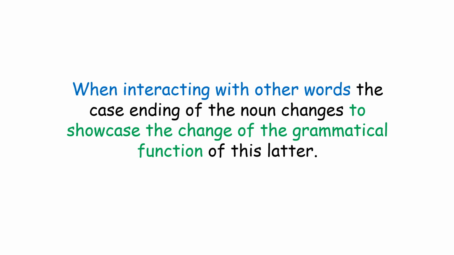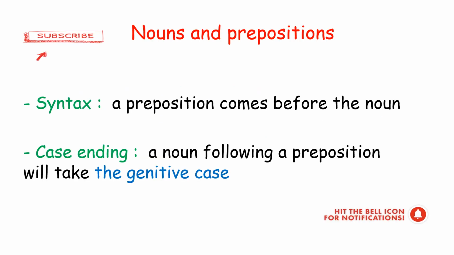And this is what we are about to explore with nouns interacting with prepositions. No need to worry, please. The rules are very simple. Syntax-wise, a preposition always comes before the noun, and case ending-wise, the noun following the preposition will be transformed from the nominative case to the genitive one.